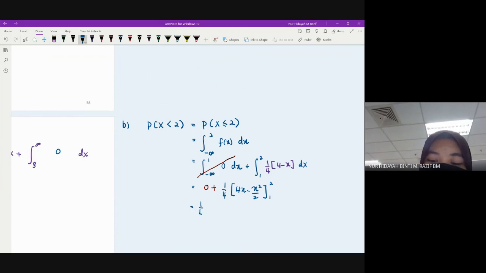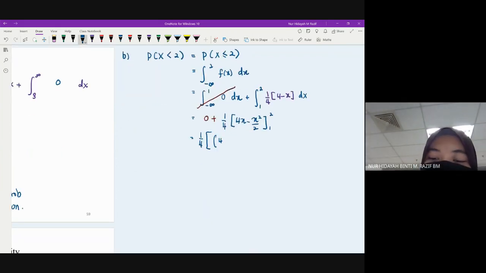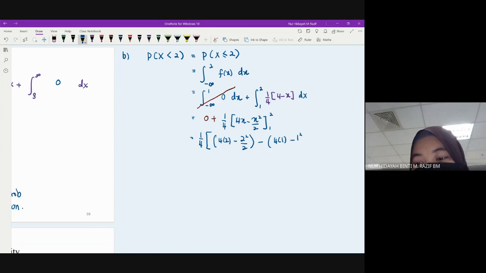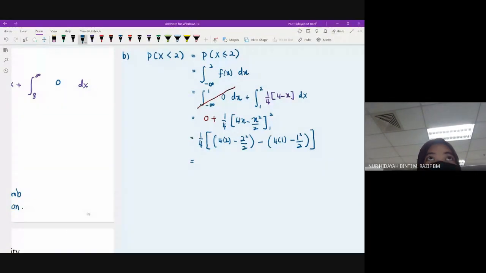So, kira sahaja 1/4, buka kurungan, and you akan dapat di sini 4 times 2 minus 2 square over 2 ditolakkan dengan 4 times 1 minus 1 square over 2. So, selesaikan sahaja di sini, kita akan dapat jawapan bersamaan dengan 1/4 darab 5/2. Okay, so this is equal to 5/8.